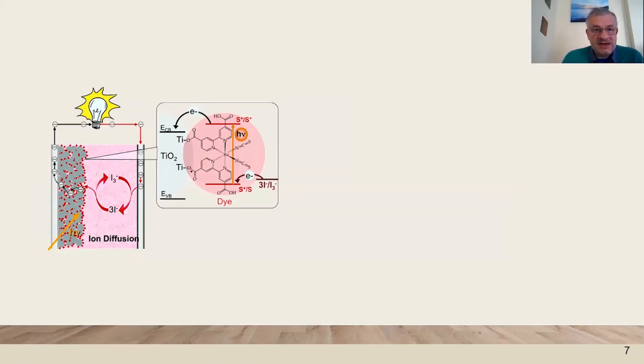Here in a dye-sensitized solar cell, the absorber is a molecular species that will be excited. Then the metal oxide nanostructure will extract electrons, and a redox electrolyte will communicate with the holes. So that the selective contacts in this case are most of the volume of the solar cell.